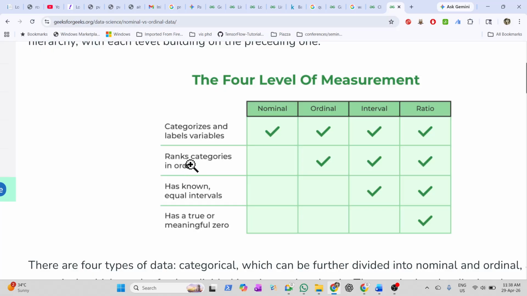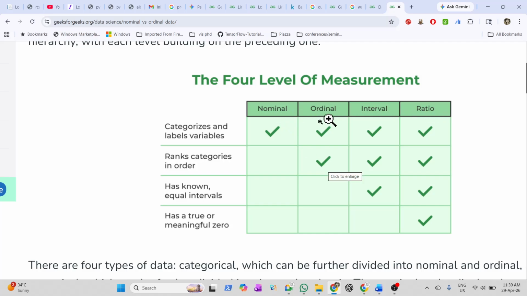And rank orders: ordinal means ranking, order means ordinal, ranks will be there in that. For example, manager, assistant manager, supervisor, employee, here we have some kind of ranks. In the military also we have ranks, so that is present in this ordinal type of data.